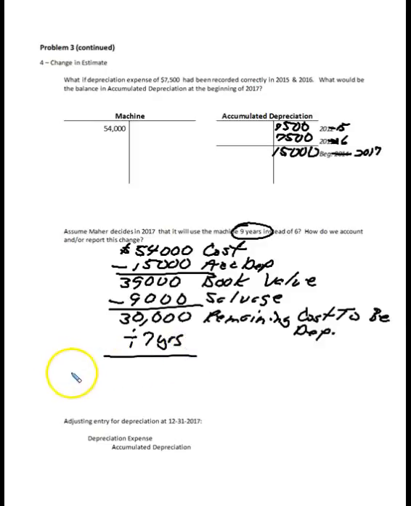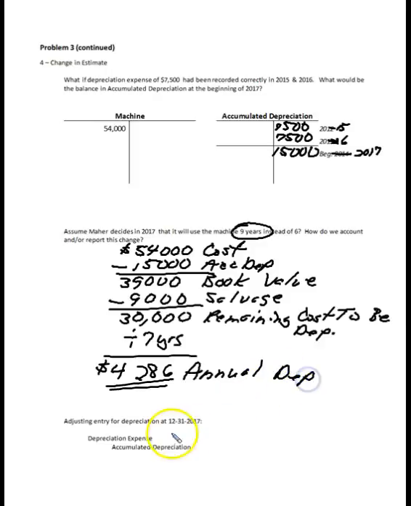So our annual depreciation expense is going to be now $4,286. So instead of $7,500 in 2017, we're going to record depreciation expense of $4,286. So there's no actual adjusting entry, correcting entry for change in estimate.